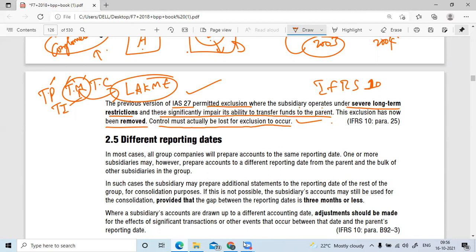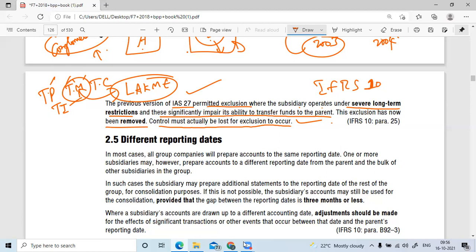See, severe long-term conditions, if I have to say, maybe a subsidiary has to stay for that long term and needs to follow the parent's restrictions. There are a lot of rules in that case.